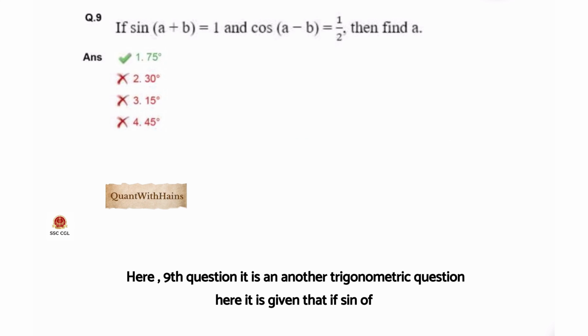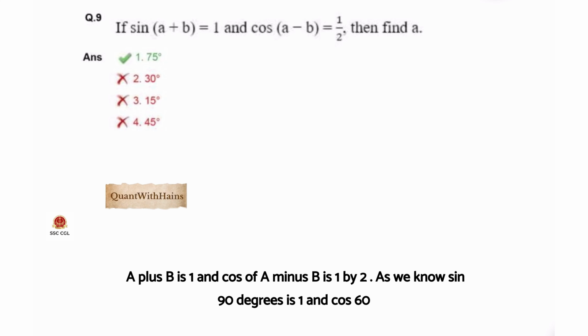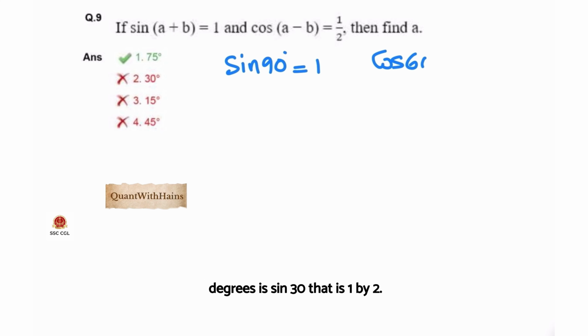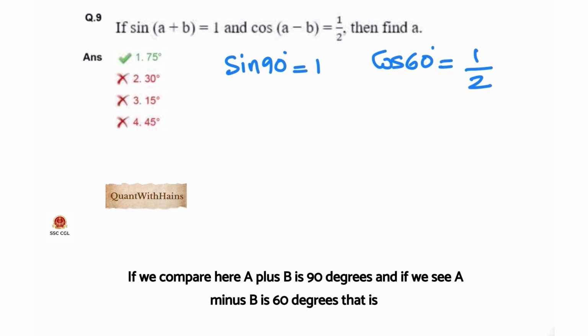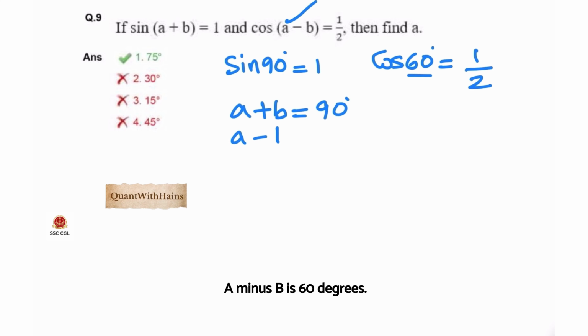Here it is given that sine of a plus b is 1 and cos of a minus b is 1 by 2. As we know, sine 90 degrees is 1 and cos 60 degrees, which is sine 30, is 1 by 2. If we compare, a plus b is 90 degrees, and a minus b is 60 degrees.